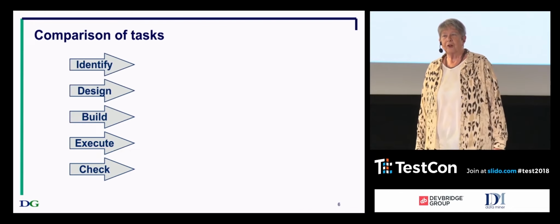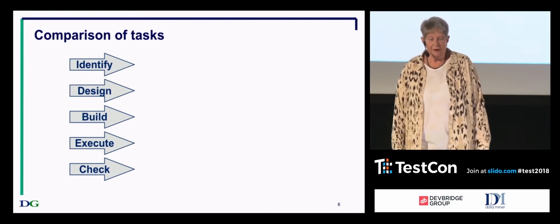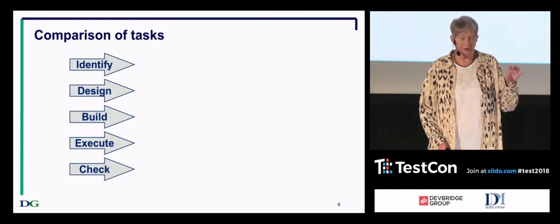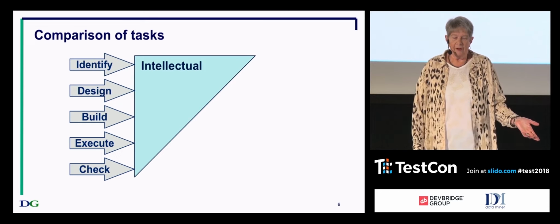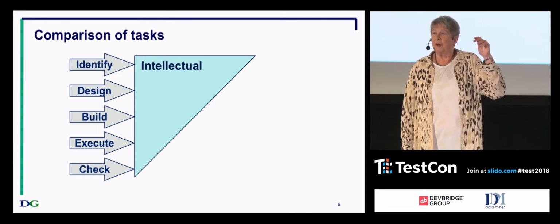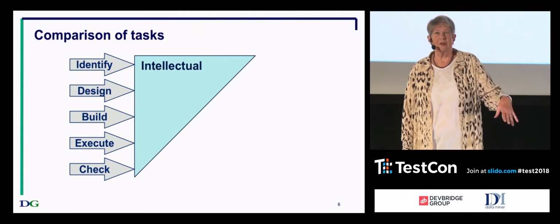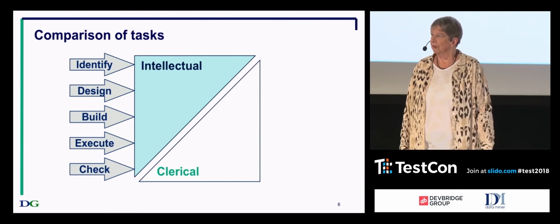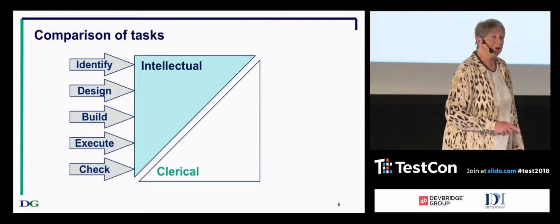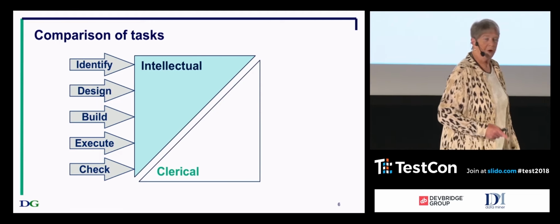So looking at the tasks involved in testing, we identify what to test, we design the test, we build the test, we execute a test, and we check the results. Now, the earlier activities are more intellectual in nature. The later ones are more clerical in nature. Plus, what are the things that we repeat more often?